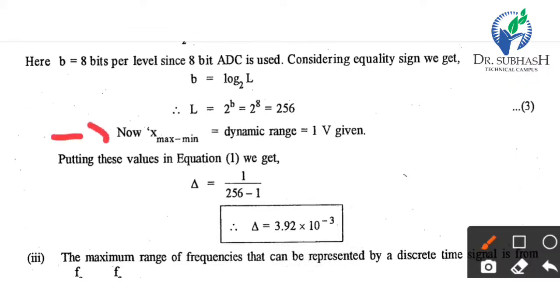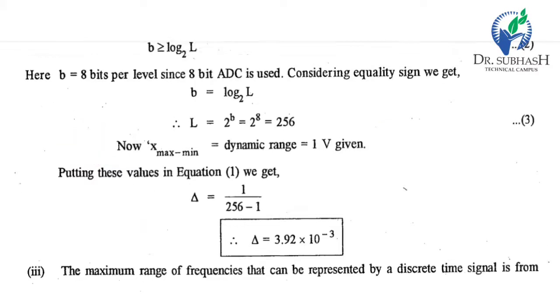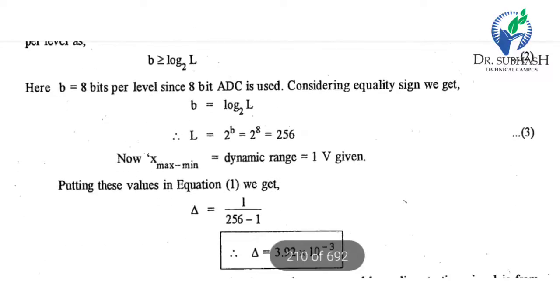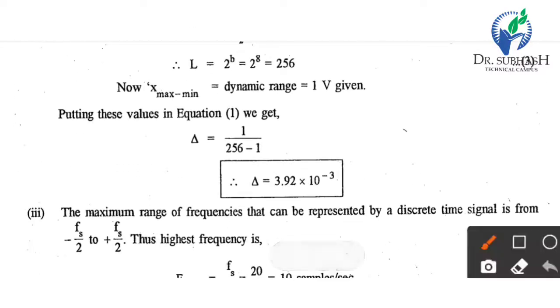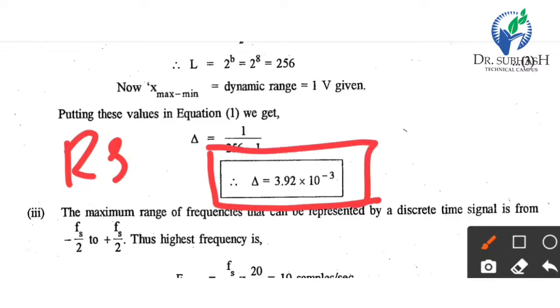So delta, the resolution, equals 1 upon 256 minus 1, that is delta equal to 3.92 multiplied by 10 raised to minus 3.